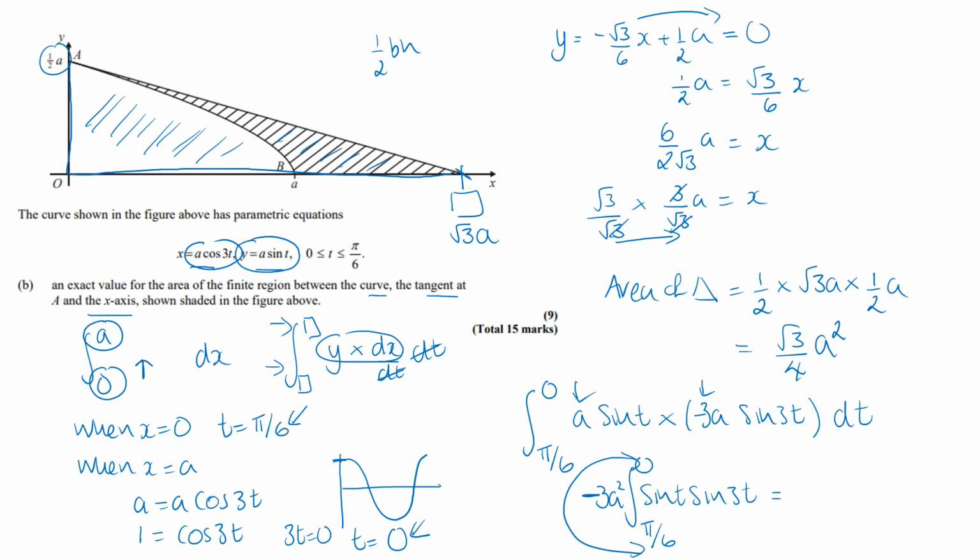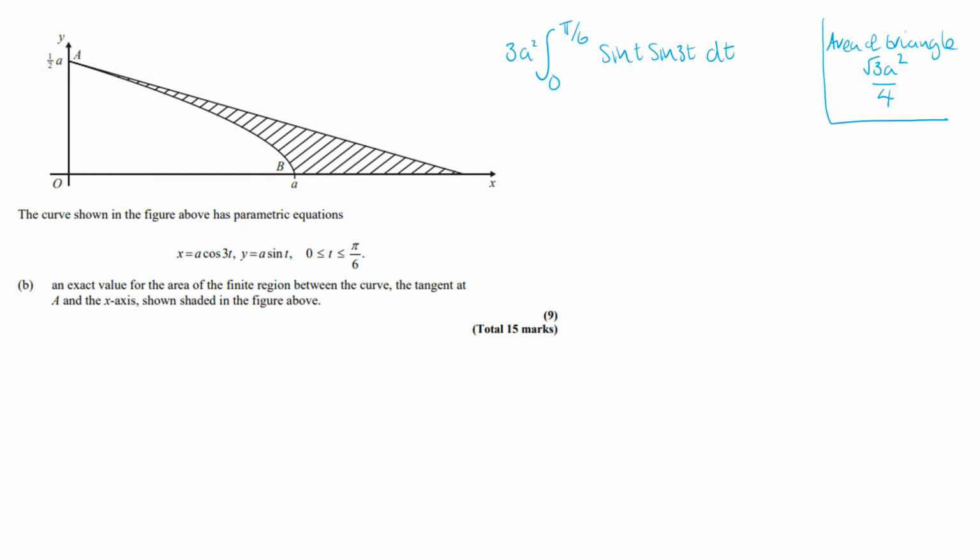This is going to be the same as 3a squared going from 0 to pi by 6 of sine t sine 3t dt.